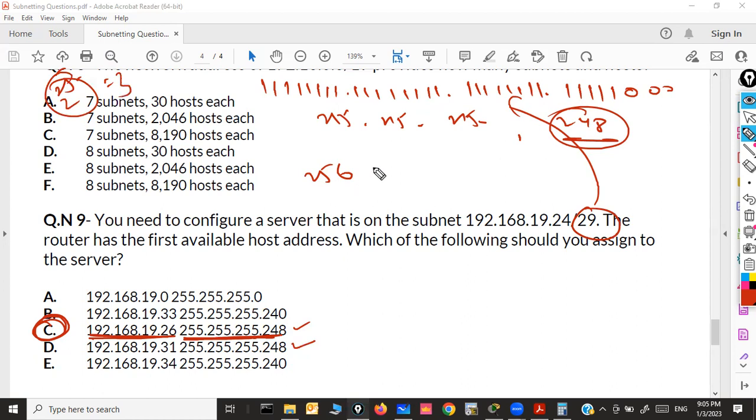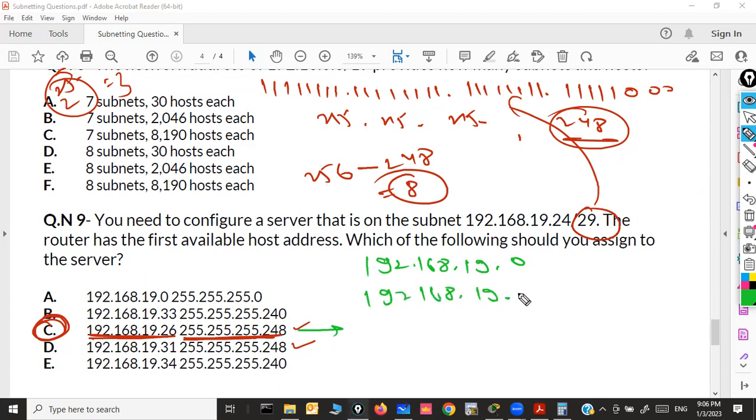And for the block size, 256 minus 248, so the block size is 8. Here your first subnet address will be 192.168.19.0. Then the next address will be this way 8, right? So this way we'll have to move, then 16, and then 24. The next one will be 32.